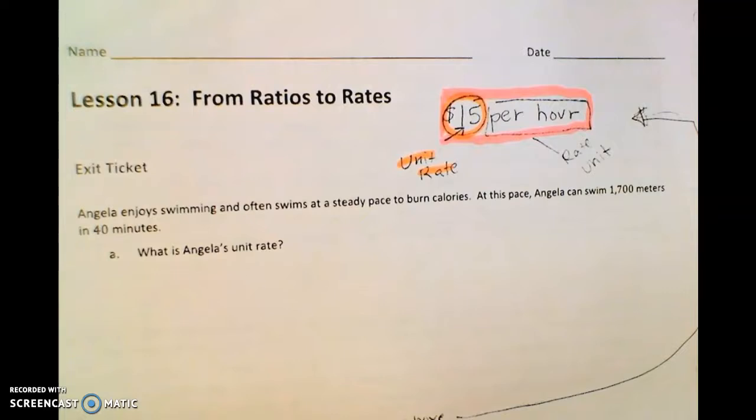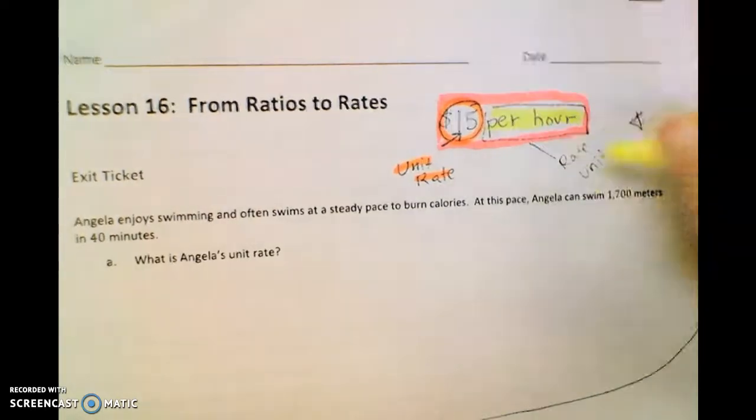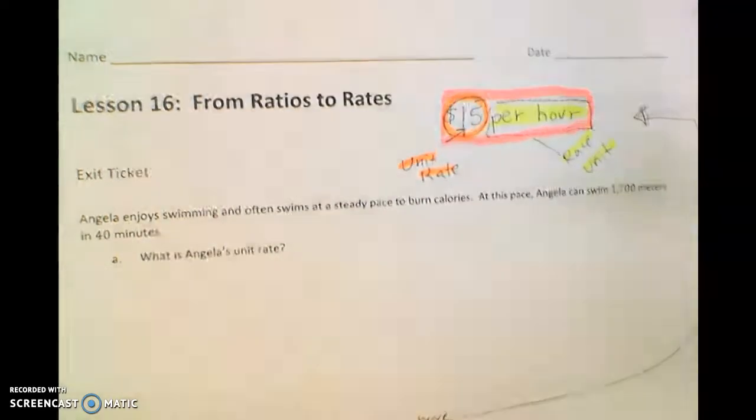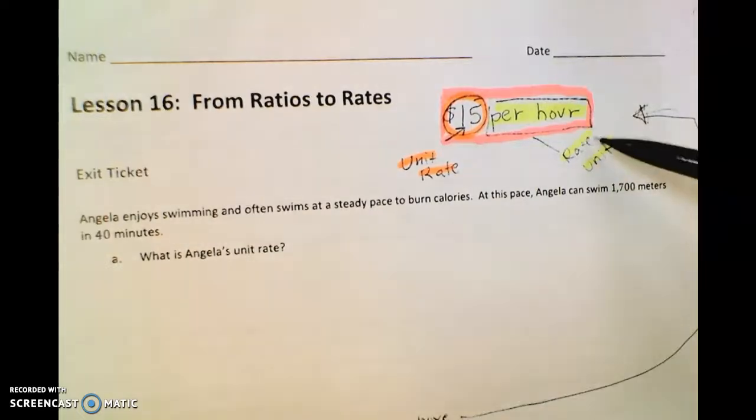And then there's the rate unit, which is the words that describe that part. The whole thing is a rate, which is a specific type of ratio, and then each part of it is labeled unit rate or rate unit, which is the per hour.